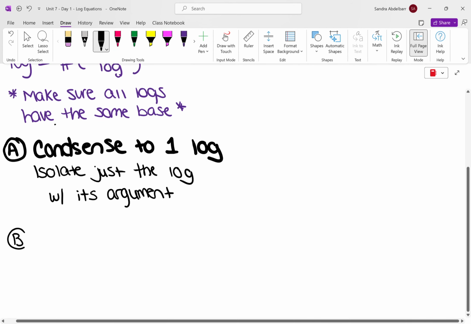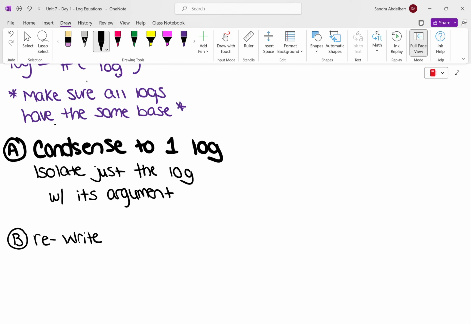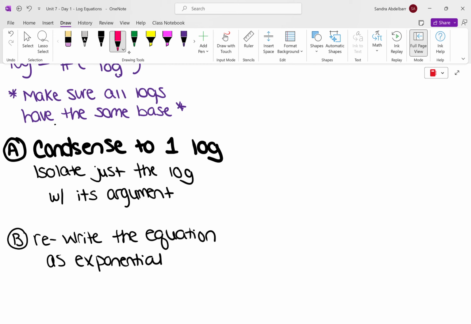Then we're going to rewrite the equation as exponential. If you guys remember, it's log, base, answer equals exponent.